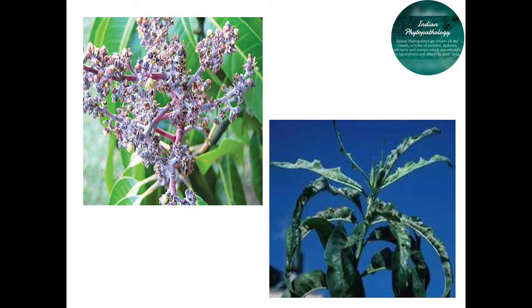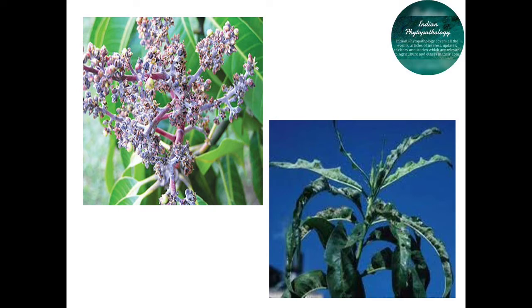Young leaves and twigs are also infected at higher altitudes, and shedding of all infected leaves is the common symptom of this mango powdery mildew. This powdery mildew pathogen survives during off-season in intact dried malformed panicles by hiding under the dense foliage. During January to March, the dormant mycelium activates and produces conidia which blow away through wind and cause severe infection.